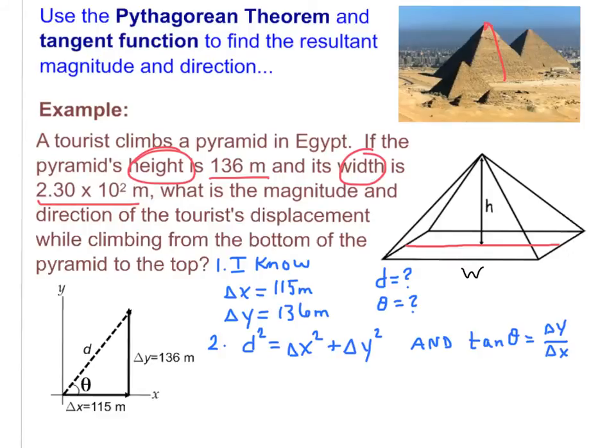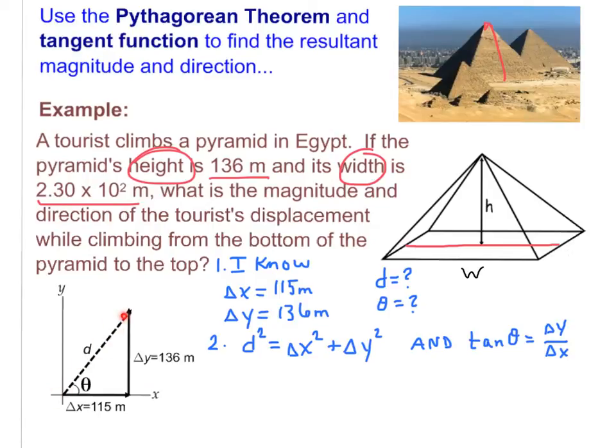So drawing the coordinate system out and drawing a little diagram on there is another important step in solving this problem. So the second step in solving this problem: I have my knowns, I have my unknowns, I have my diagram and my coordinate system. The second step here is choosing my equations. So I've chosen my equations. We're going to use the Pythagorean theorem and the tangent function. And for my Pythagorean theorem, simply instead of saying c² = a² + b², I can say d².